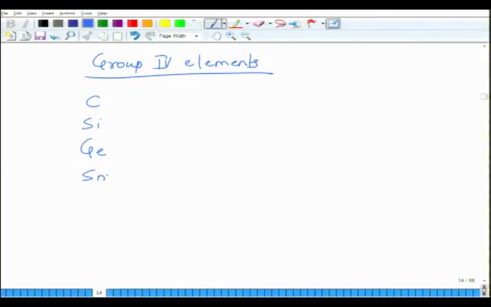If I look at the bond energy, diamond has 347 kilojoule per mole, silicon has 176, germanium has 159, and tin has 146. And I compare this with another material, silicon carbide, which has 308.